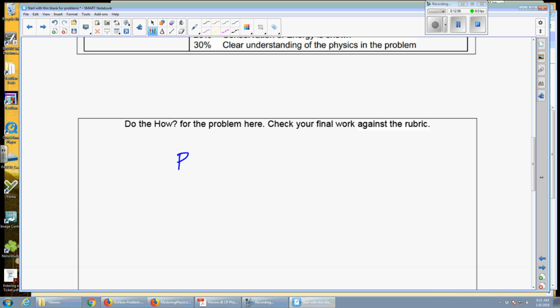So we have PE of 1 plus PE of 2, and that equals KE of 1 plus KE of 2 plus PE of 1, but a different value, so I'm going to put a prime on it. And those come right from my bars.